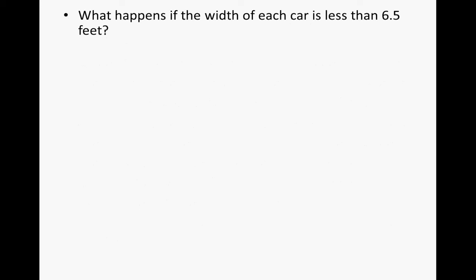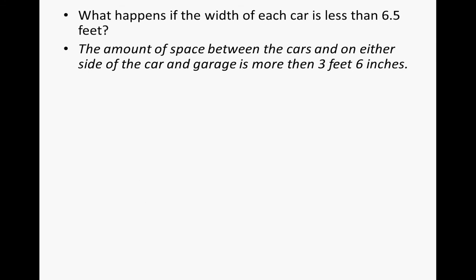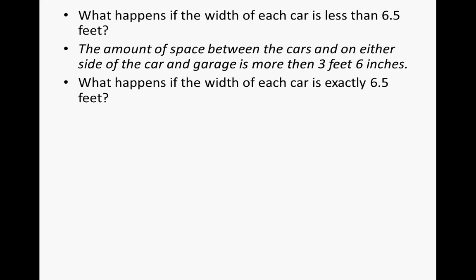So what happens if the width of each car is less than 6.5 feet? Well, then the amount of space between the cars and on either side of the car and the garage is more than 3 feet 6 inches. So what happens if the width of each car is exactly 6.5 feet?